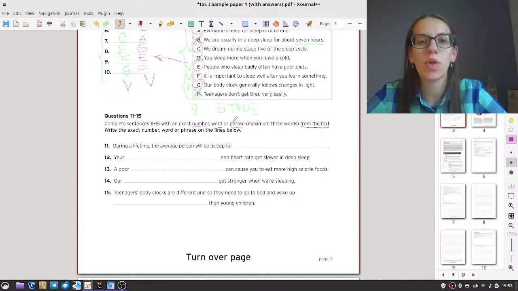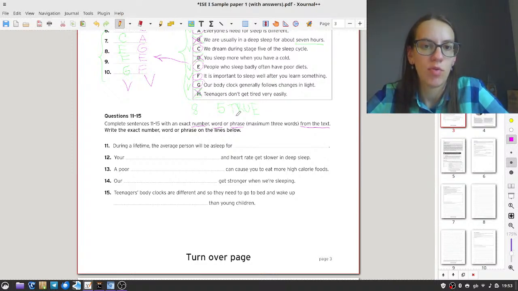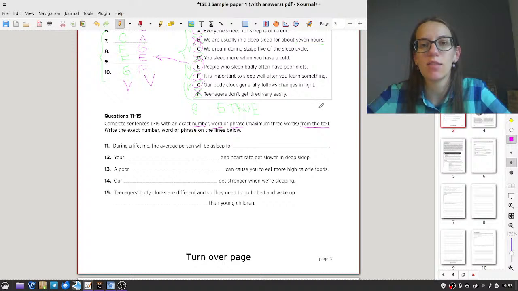So we don't need to just think of some word or phrase. This is not some free text completion. This is not just during a lifetime the average person will be asleep for, and you can just say whatever you want. No, it doesn't work like this. It has to be from the text.